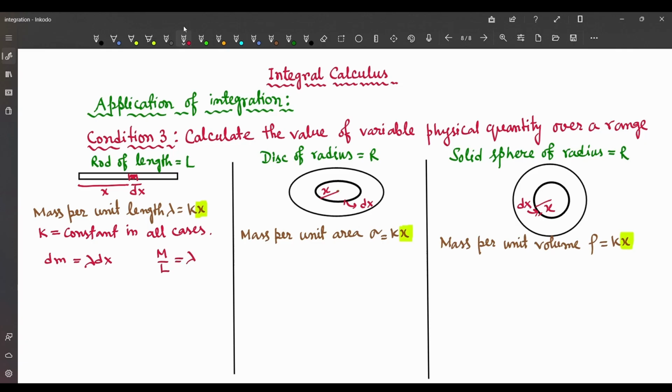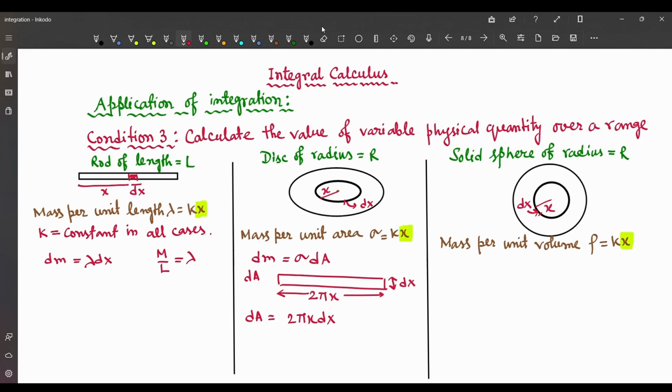For the disc, the mass of that elementary part, dm, is equal to sigma into dA, where dA is the area of that elementary part. If we cut the ring and stretch it, it forms a rectangular strip with length 2 pi x and thickness dx. Therefore, the area of that elementary part is 2 pi x into dx.